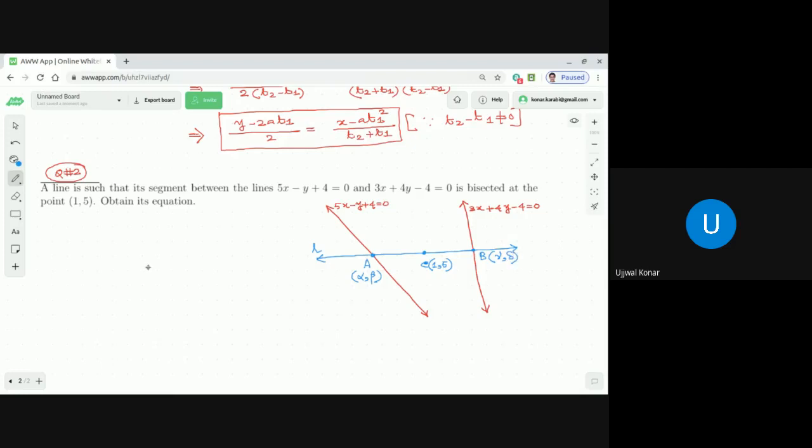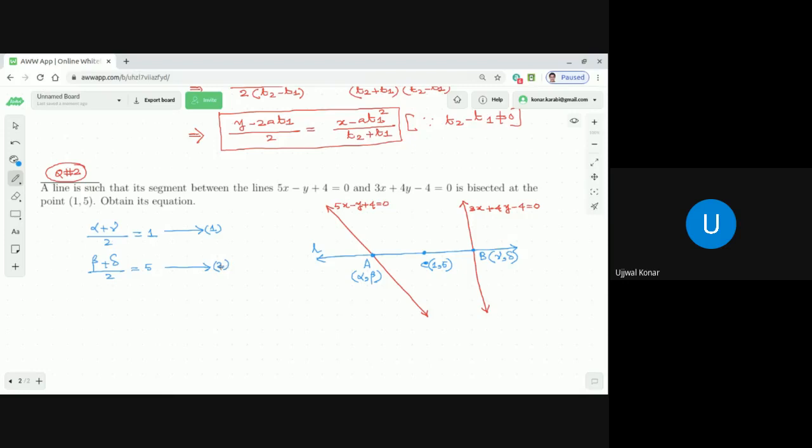Then as C is the midpoint of A and B, meaning in the line segment AB, C is the midpoint, we can write alpha plus gamma divided by 2 is equal to 1, and beta plus delta divided by 2 is equal to 5. Correct? So these two equations we get.